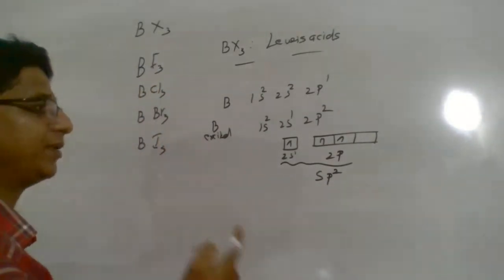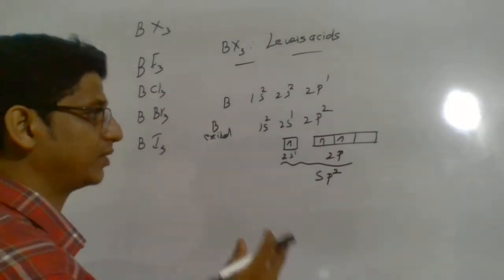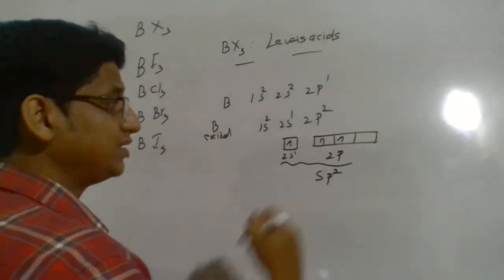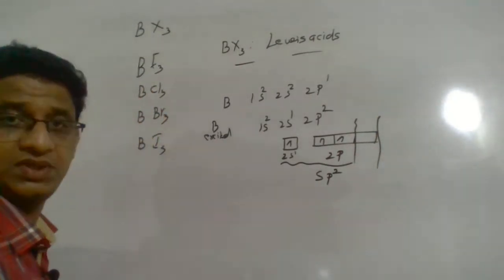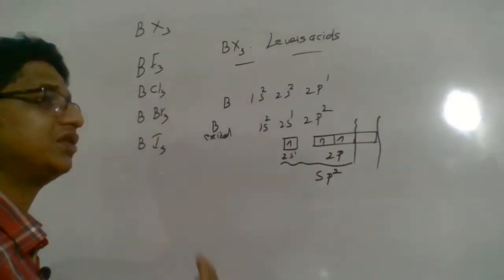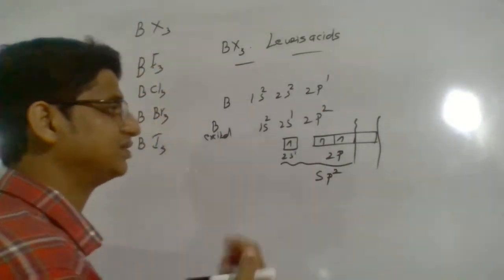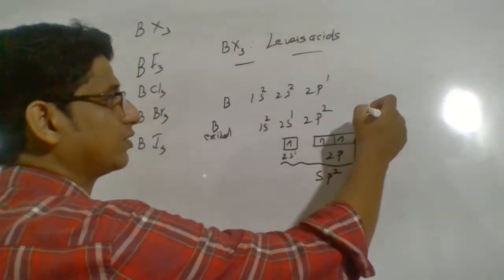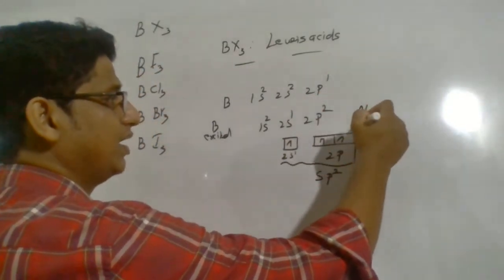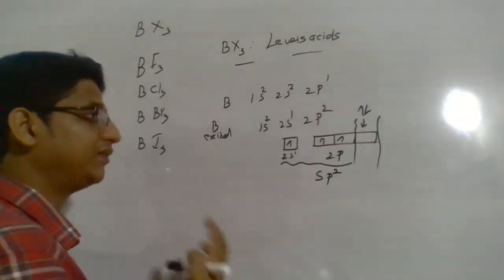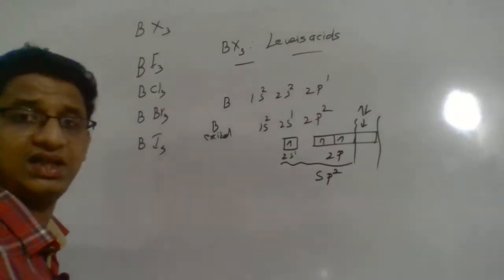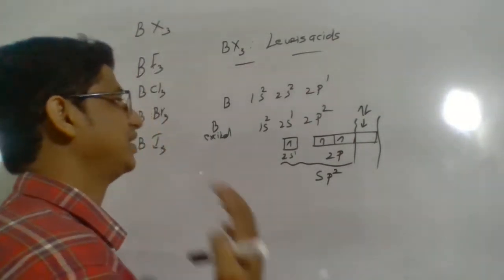You can see an empty orbital in the p subshell, which means it can accept a pair of electrons. That is why boron halides can act as good Lewis acids.